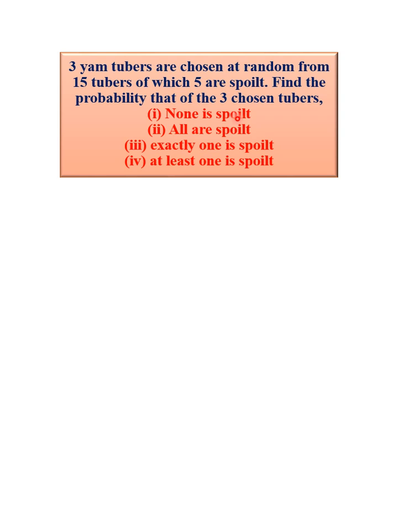So we will assume in this scenario that once a tuber is chosen, that tuber is kept aside without replacement until the next one is picked, until the third draw is made. So we keep choosing the tubers without replacing them. Since the question did not specify it, we are going to work based on that assumption.